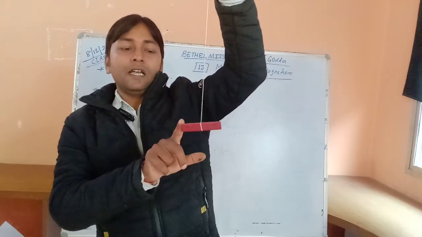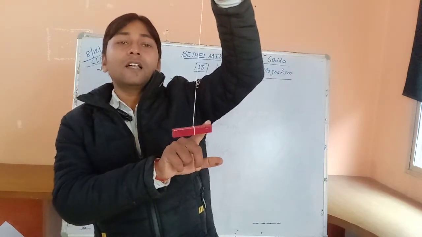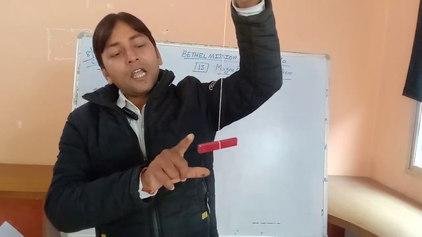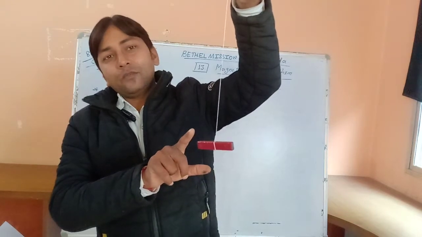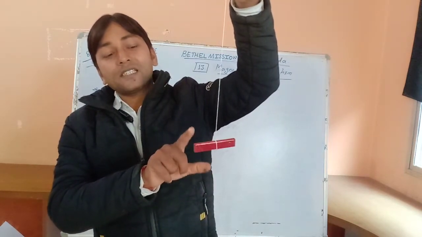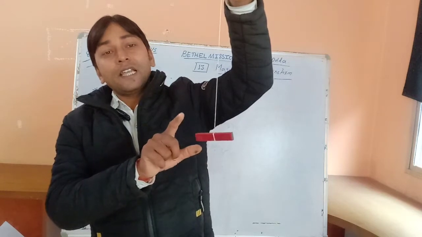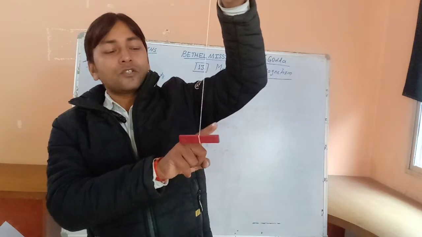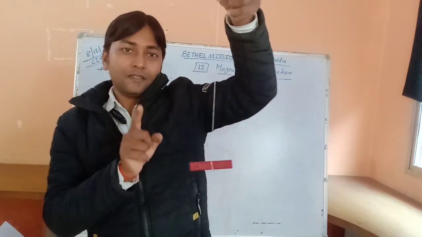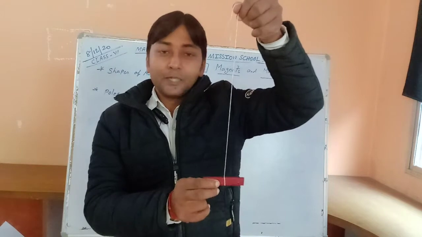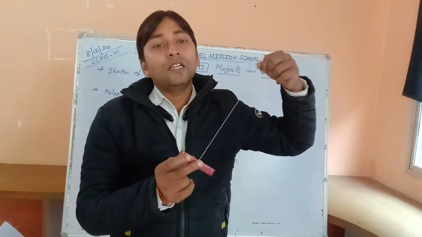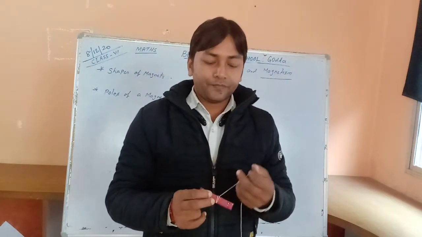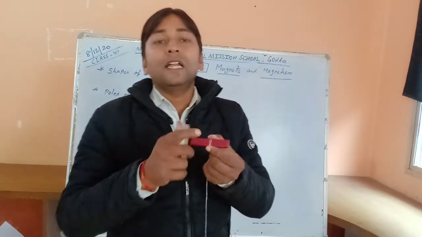It means this is the north pole and this is the south pole. It proves that the pole marked N always stands towards the north direction and the south pole always stands towards the south direction.